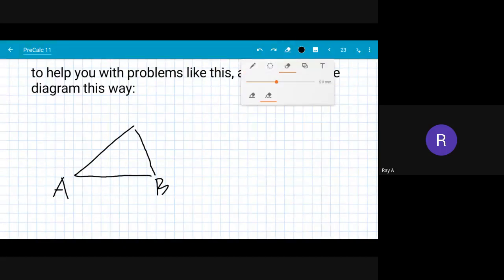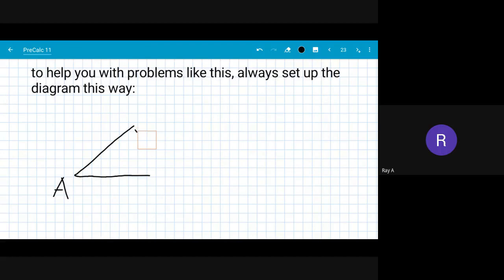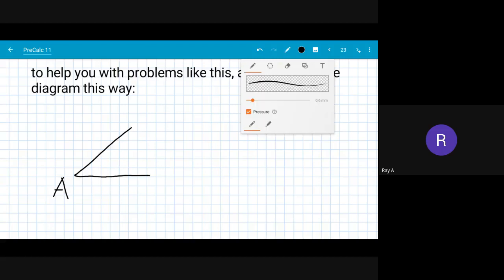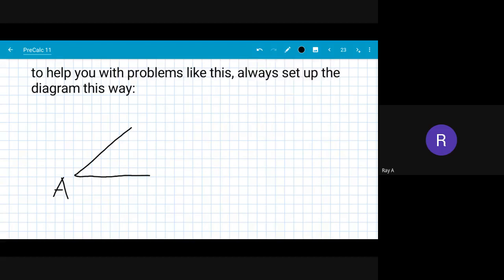All right, and then what? When I told you always set this up this way, let's say you're just given an angle. You're given an angle A, all right? And then you're given two other sides. The other two sides would be this one, side B, and this would be side A. Now, if you notice, I did this on purpose wherein side A did not reach up to the bottom here.